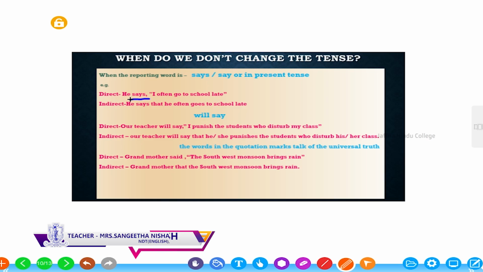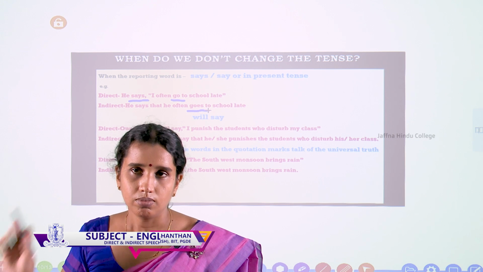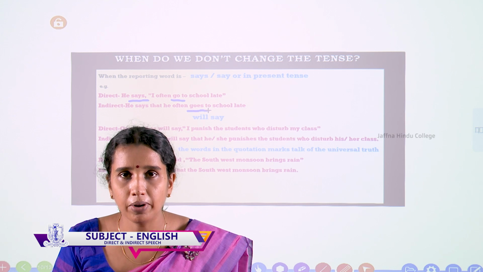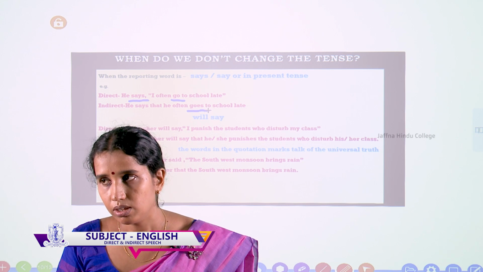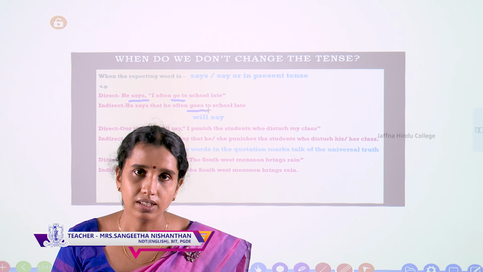In indirect speech, we change it. He says that, we remove the comma and the inverted commas. The pronoun is changed into he often, but you should be careful here that the go is used when the subject pronoun is I, but here the subject pronoun is he.